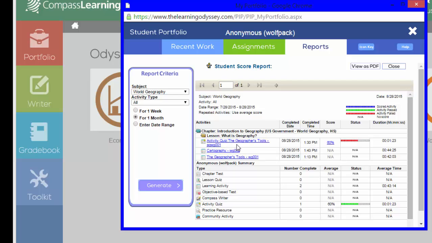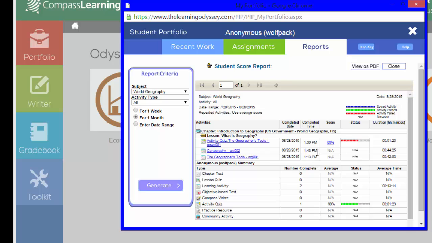the activity quiz that the student worked on today, that 60% that we just looked at, and we can see that the student spent 1 minute and 23 seconds in that test, okay? And they finished it at 1:30. Actually, like I said, this time is off. It was really 2:30 that was finished.